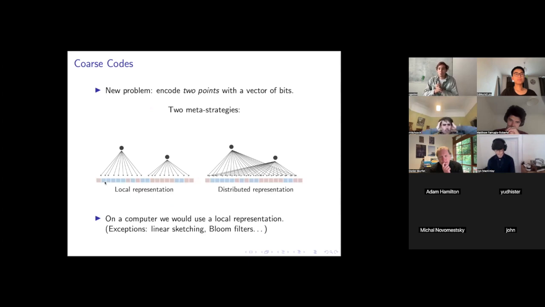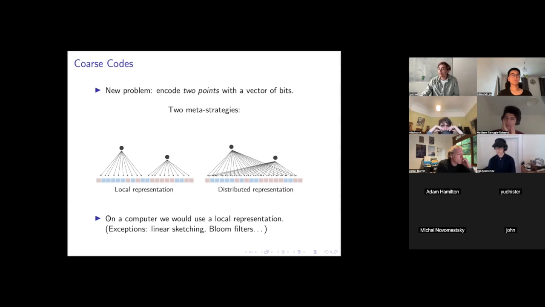Let's consider a new problem. Let's say that I don't want to just encode one point, I want to encode a pair of points. If I'm doing this on a computer, there's really only one thing I would consider. I have one point here, I have another point here. I have a decomposition in my system, and I should use that decomposition to make my life easier. I'll use the first number of bits of my representation to store the first point and the next however many bits to store the second point.